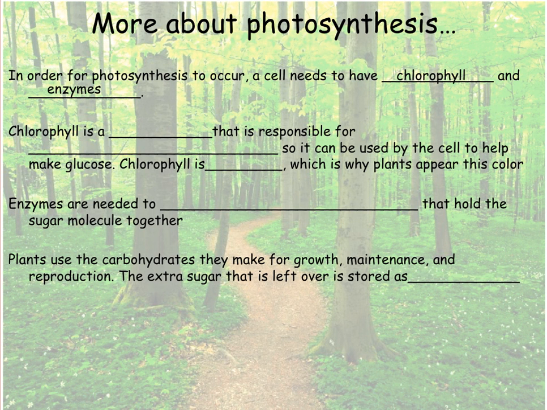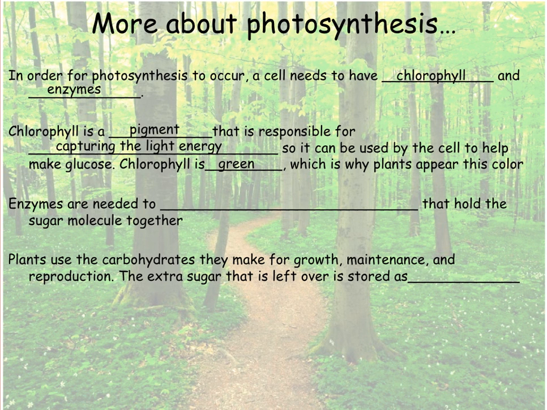So, let's recall that chlorophyll is the pigment molecule that is responsible for capturing light energy so that it can be used by the cell to help make glucose. In plant cells, chlorophyll is located within the organelles, which I hope you remember, called chloroplasts. The pigment molecule chlorophyll is green, which is why plants appear this color.